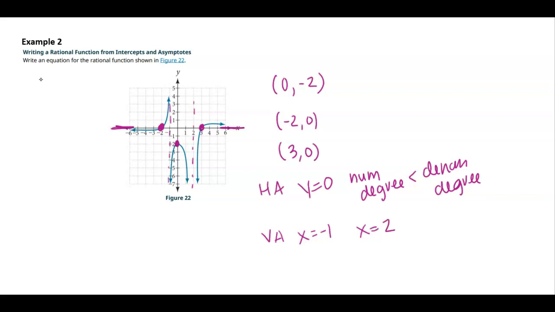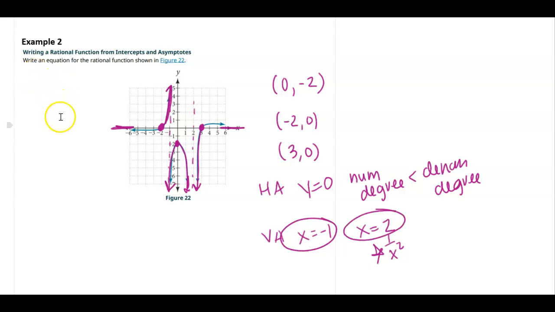In this case, it looks like I have a 1 over x situation where they're on different sides here. However, over here, I have almost like a 1 over x squared situation for this vertical asymptote.